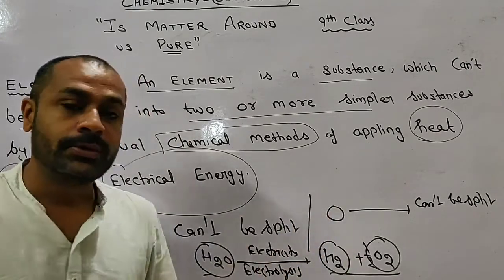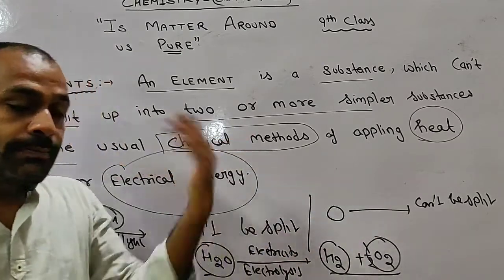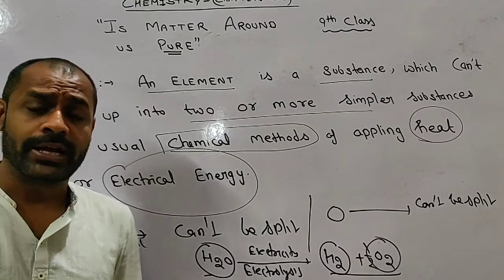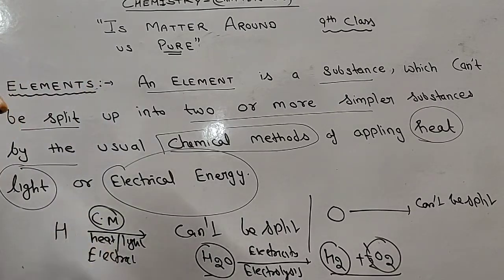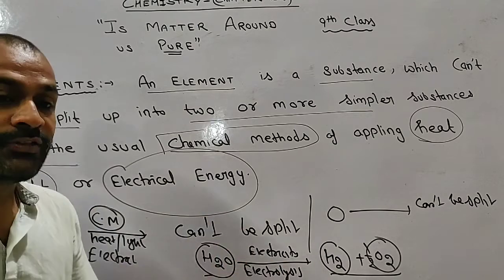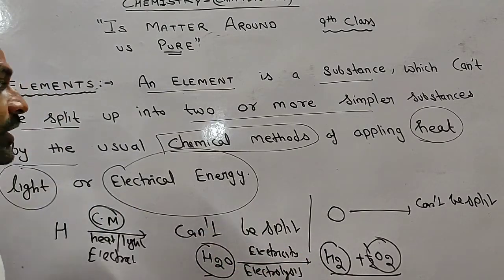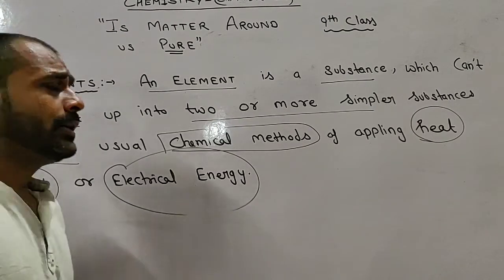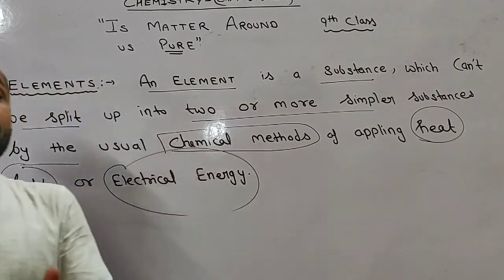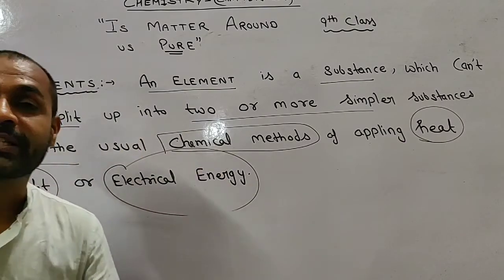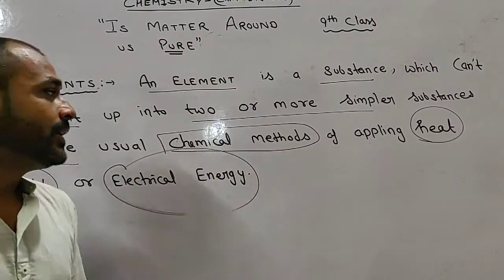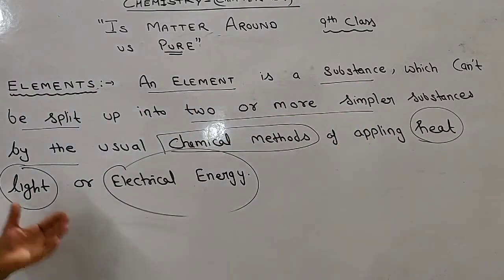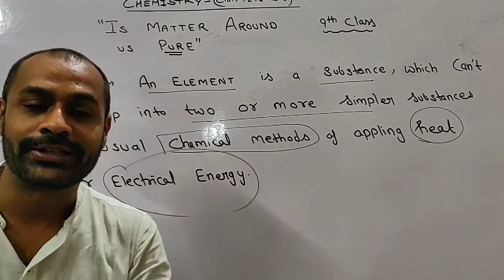I'm not talking only about hydrogen and oxygen, you can take any element, that element will not split any further and give us simpler substances. So an element is a substance which cannot be split into two or more simpler substances by usual chemical methods of applying heat, light and electrical energy.